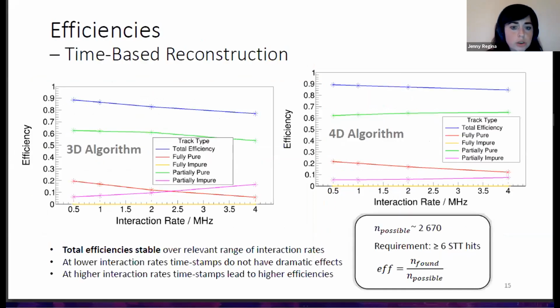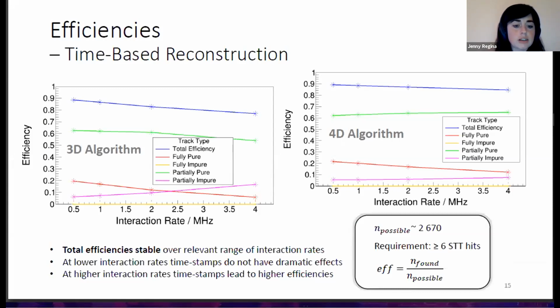And here I show you the efficiencies. So I show it for 2 different cases, one for the 3-dimensional algorithm and one for the 4-dimensional algorithm, where I use the timestamps. And you can see the different track categories as well, and the interaction rates differ between 0.5 and 4 megahertz.